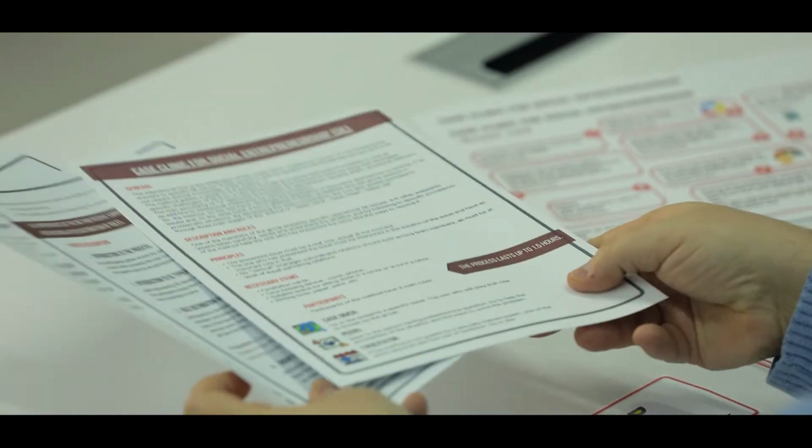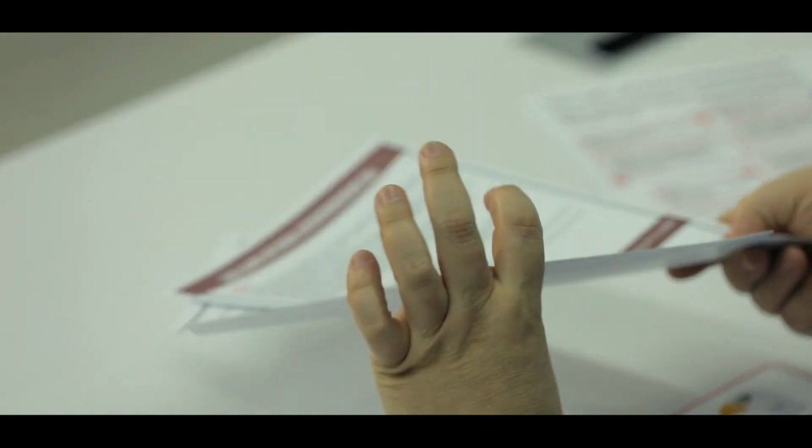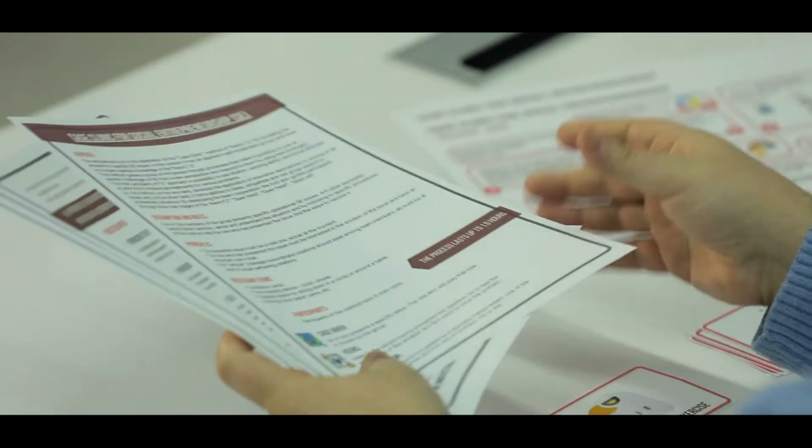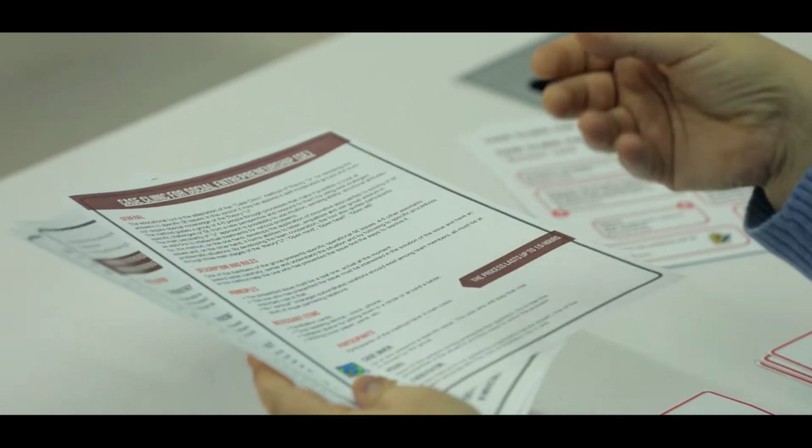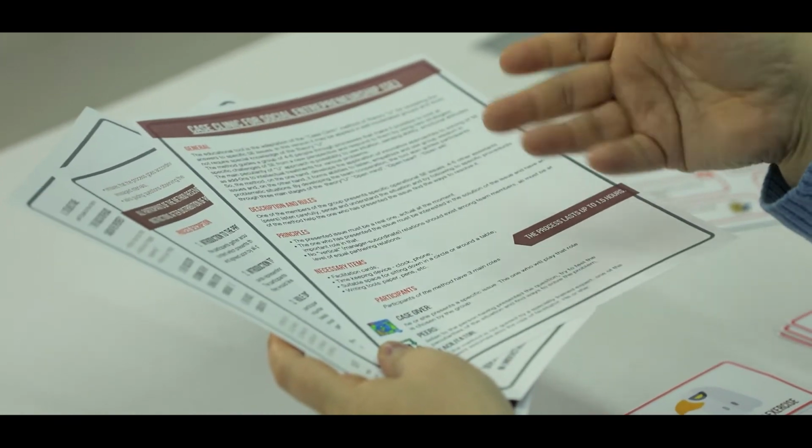Now let's have a look at what we have here and how this tool works. We have the instruction, which is these three pages that you see here. This instruction guides us step by step: what roles people need to take, what steps you take, what questions you might answer, and what meditative approaches you might use during this exercise.